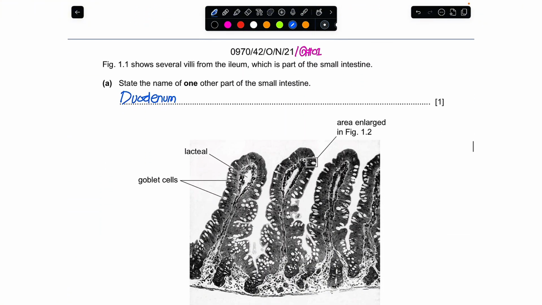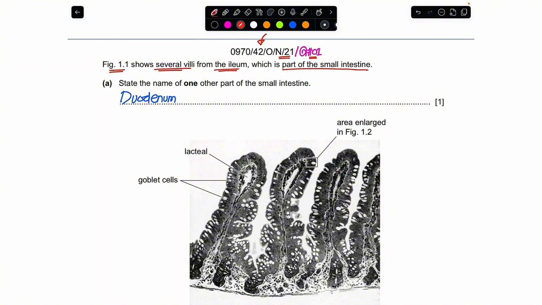Now, coming onward to October/November 2021, the theory paper variant was 4.2, and this was question number 1 for your exam. They tell us that figure 1.1 shows several villi from the ileum, which is a part of the small intestine.